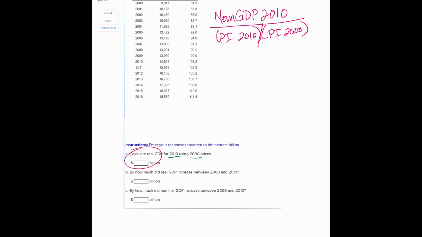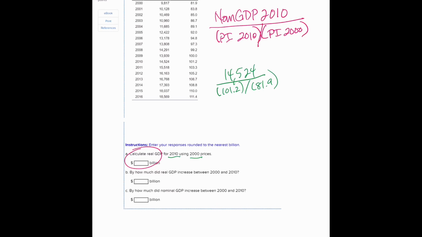So we're going to take our nominal in 2010, which is 14,524, divided by the price index in 2010, which is 101.2, divided by 81.9. And let's see what we get.